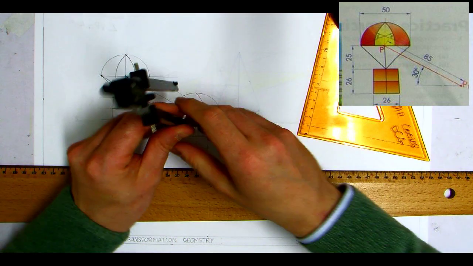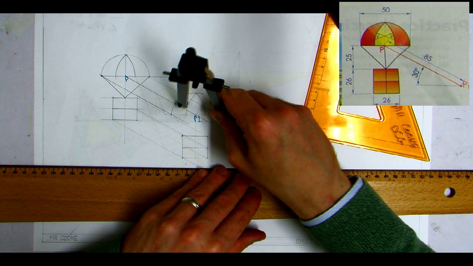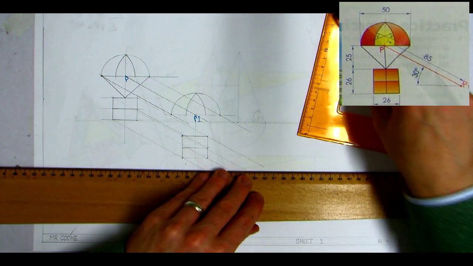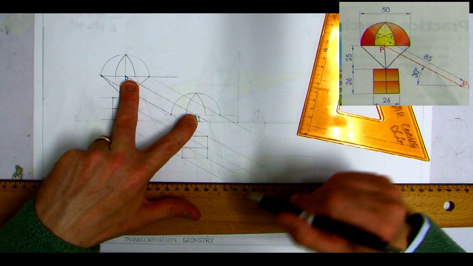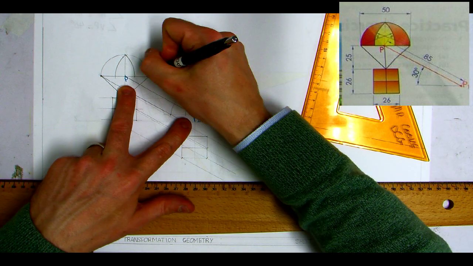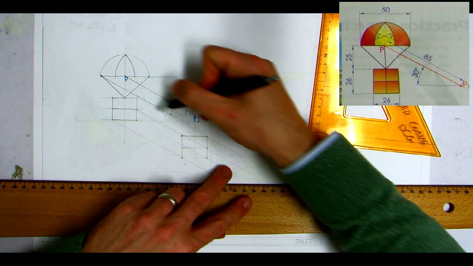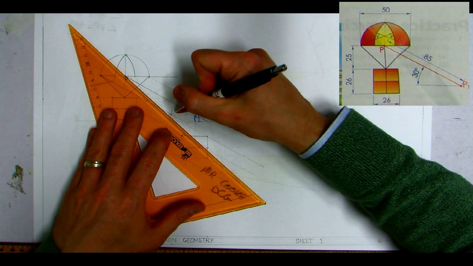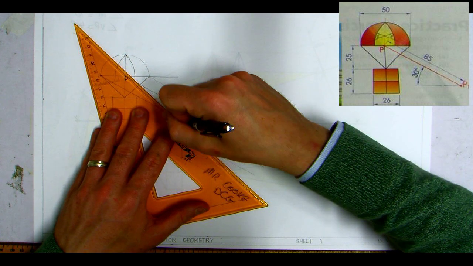And for some of the drawing you will have to redraw it, but for most of the parts I have drawn them down the same angle, direction and distance as P to P1. So from here to here is 85, from there to there is 85, and I'm just going to redraw or join up points that are already found.